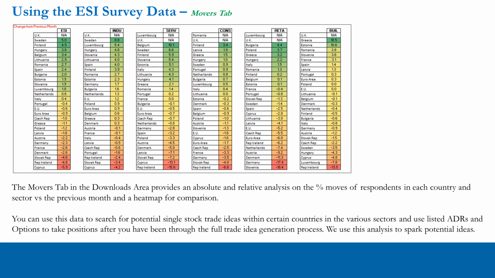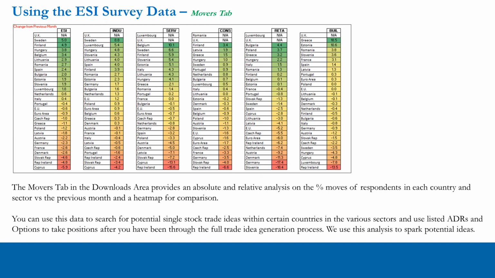It takes the respondents in each country and sector versus the previous month and ranks them relative to each other, and also includes a heat map. You can use this data to search for potential single stock trade ideas within certain countries and use the ADRs as trades or potential positions.